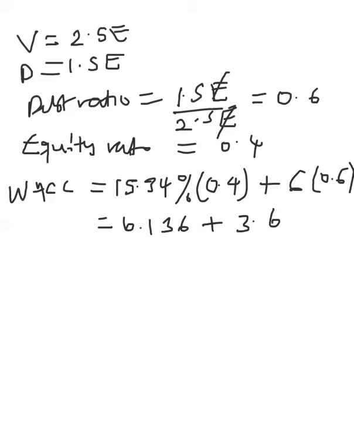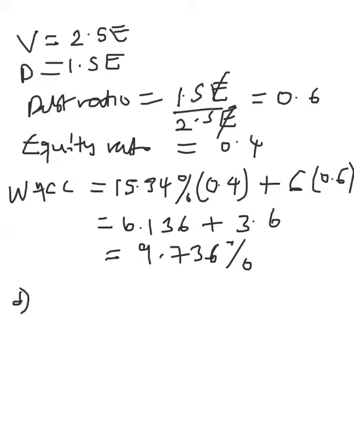So when you add the two, that gives you 9.736%. This is the weighted average cost, without tax.